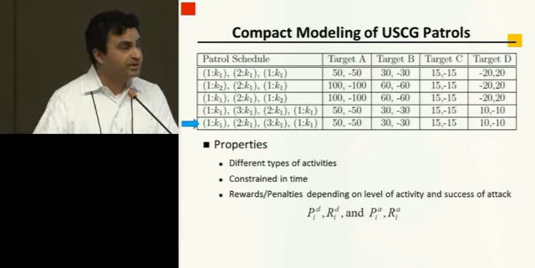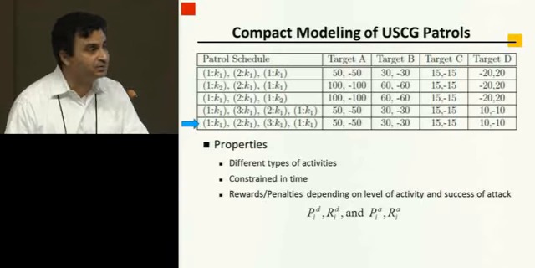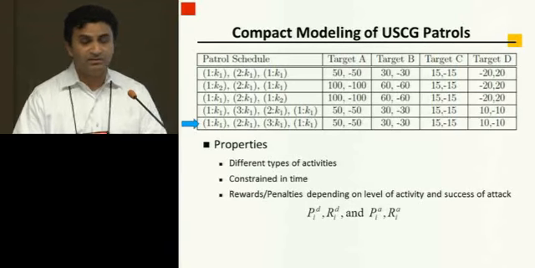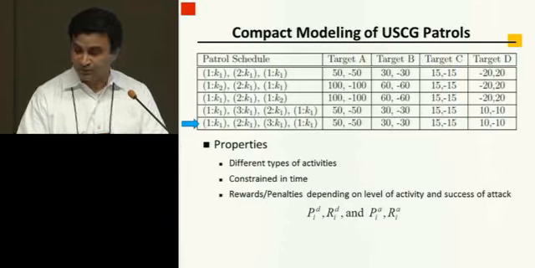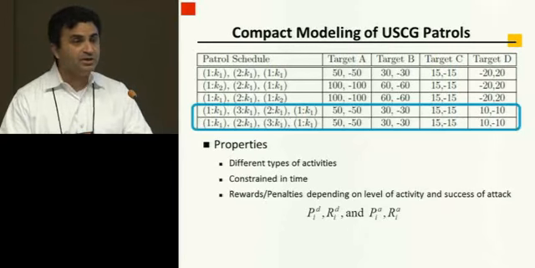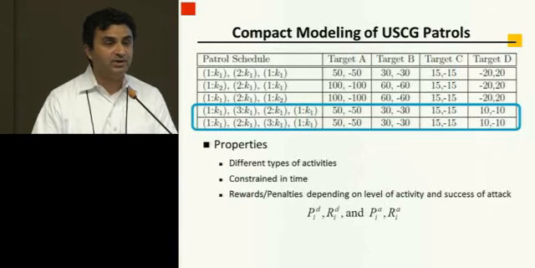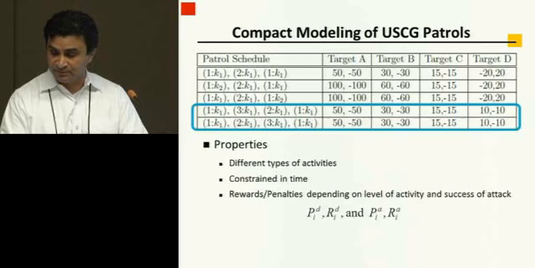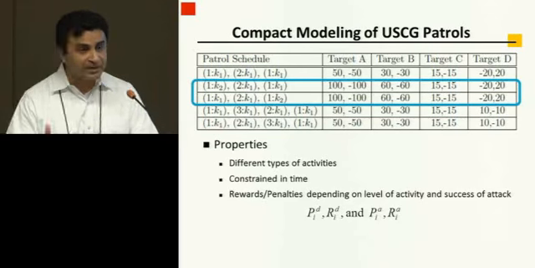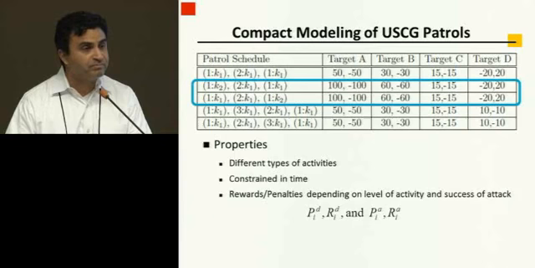So the first thing that we need to do is to construct a compact representation. And to that end, one of the things we notice here is that there are a lot of duplicates in this game matrix. For example, these 2 parts of the game matrix have identical payoffs for the 2 pure strategies of the defender. And that's because they refer to permutations of particular patrols. Similarly, there are duplicates here, again, because there are permutations of particular patrols.